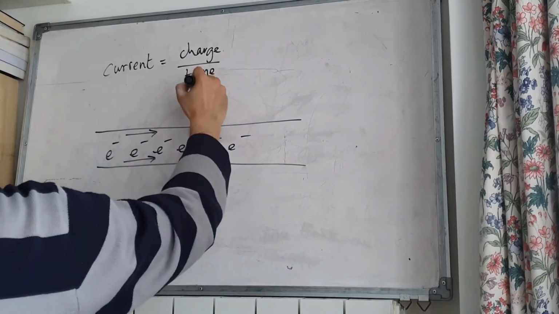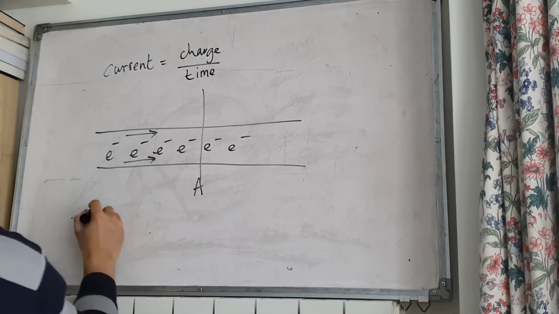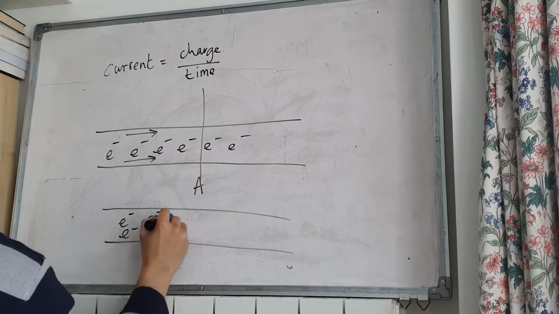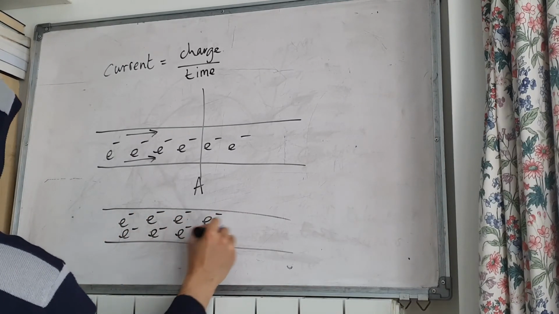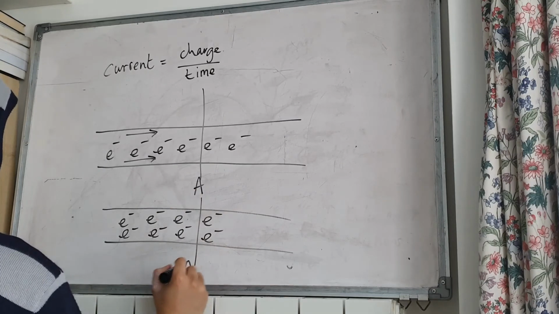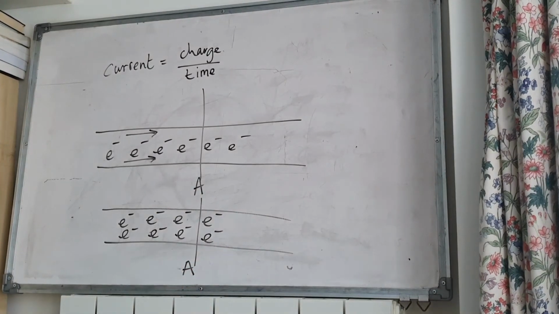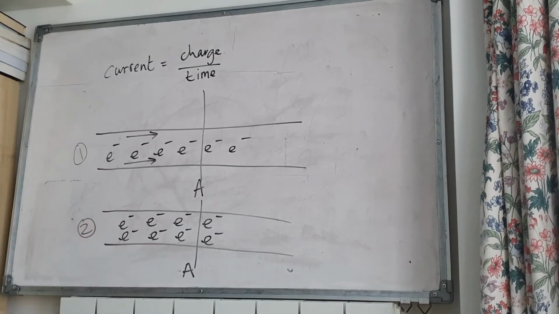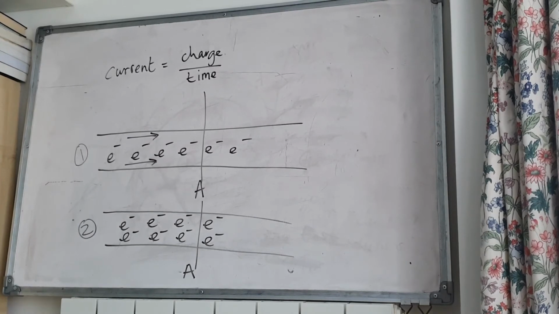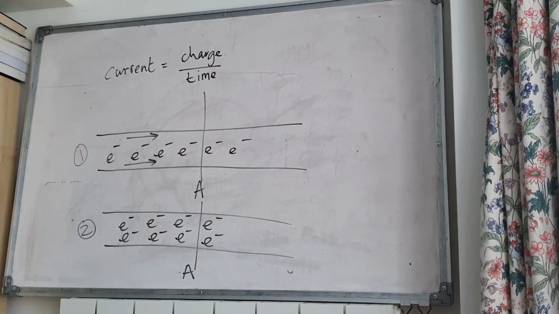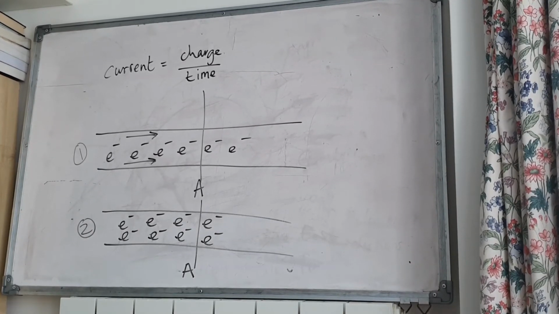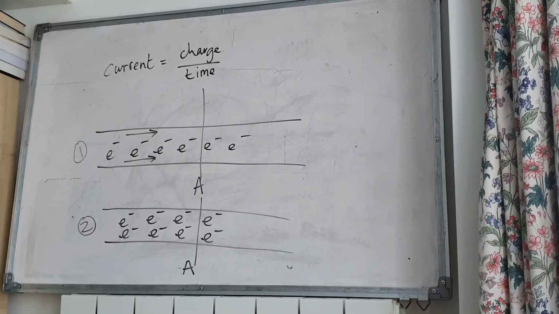So supposing that this is point A, can you see that in scenario 2 it has more current because the electrons are more. So there are more electrons passing through the point A per second, assuming it's the same time.